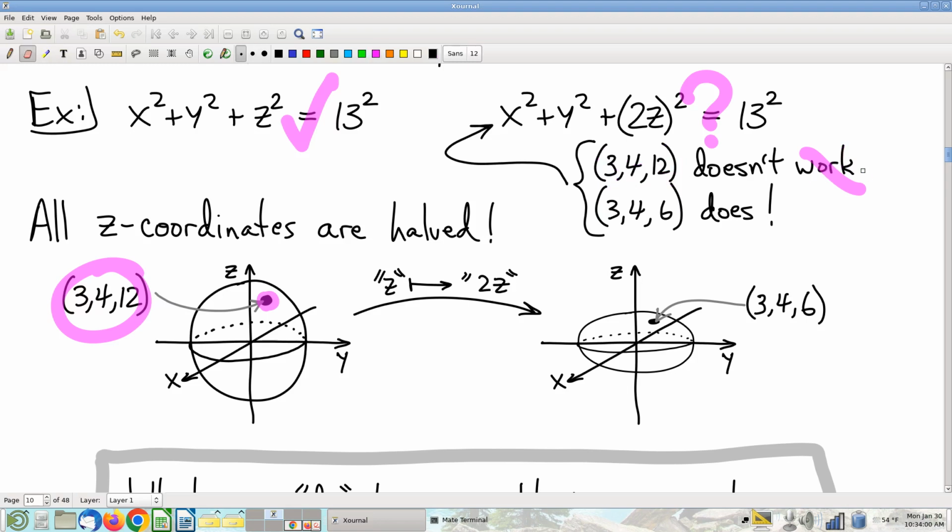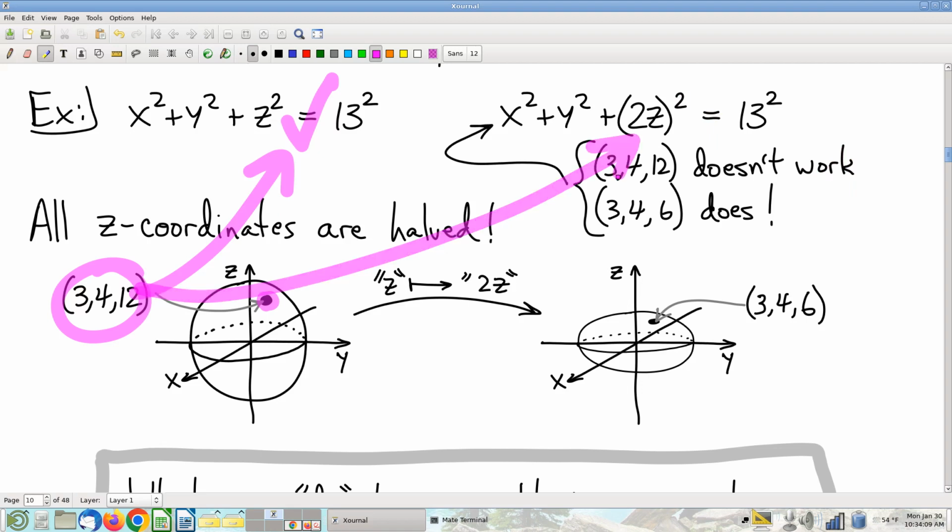Okay, now let's take a moment to think through what went wrong. I mean, this point works great in that equation. When I plug it into this equation, something went wrong. And it's obvious what happened: this 12 that went into here and just got squared, well, over here, this 12 went in and got multiplied by 2. This 2 turns that 12 into a 24 getting squared. Obviously, now everything's different.